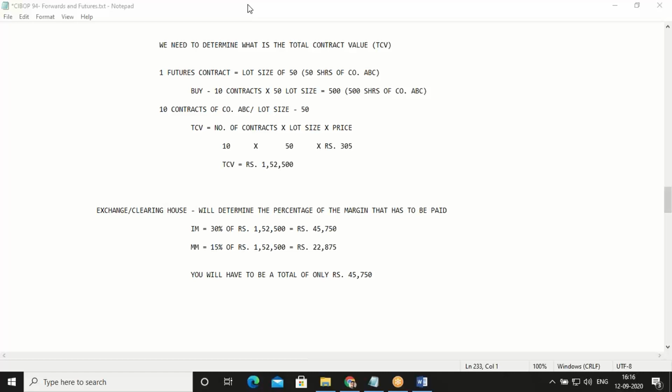Your broker will make brokerage on both the buy side and the sell side. And SEBI has given the minimum amount and maximum amount that a broker can charge. Generally it's like 0.003%.